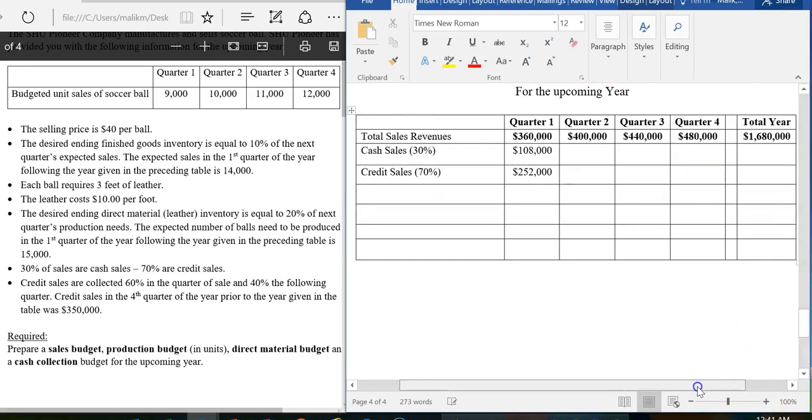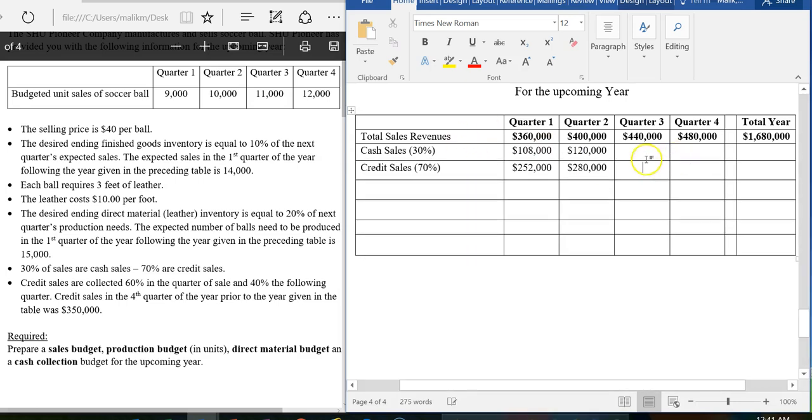Do the same thing. Total sales, take 30%. Quarter two, total sales is 400,000. Take 30%. That means their cash sales is 120,000, and their credit sales will be the rest of the 70%, which is 280,000. Now let's do quarter three, and for quarter three, we have total sales of 440,000.